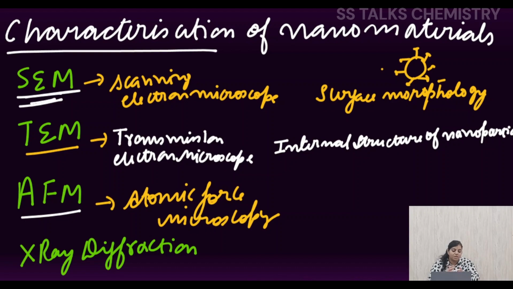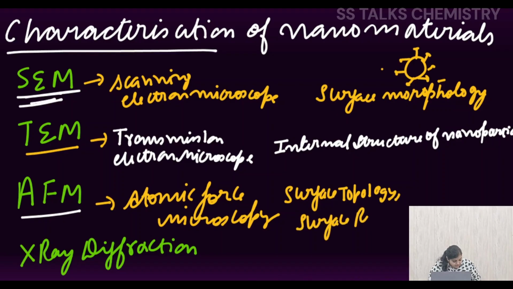That is studied under the AFM technique. So you will get to know about the surface topology, and that too about the surface roughness. It can tell whether I have a smooth surface of the nanomaterial or a rough surface, which we can study using atomic force microscopy.